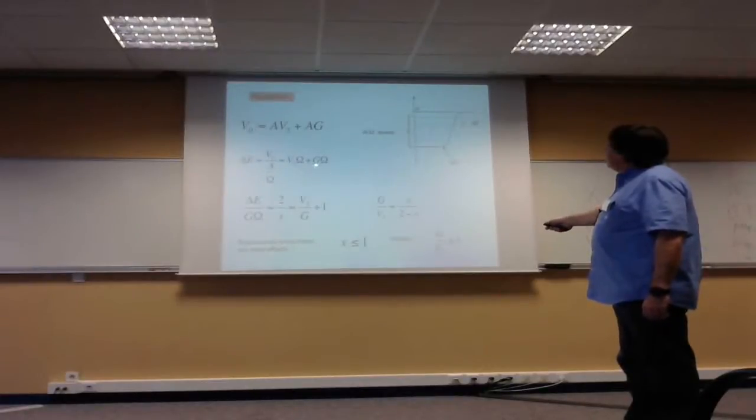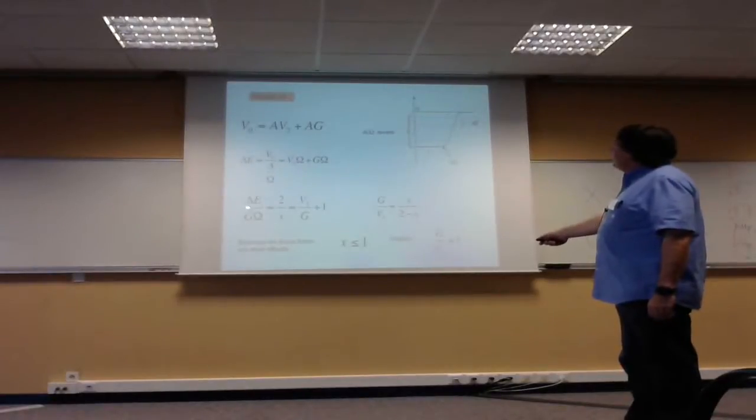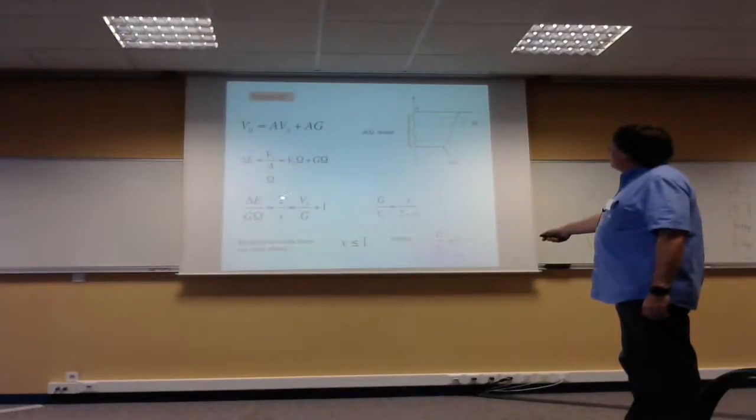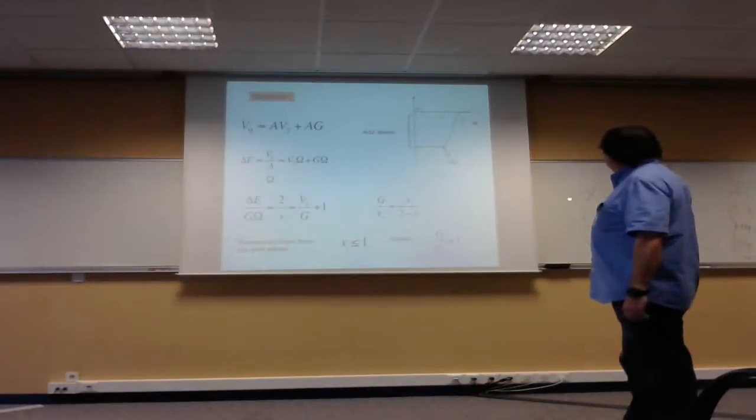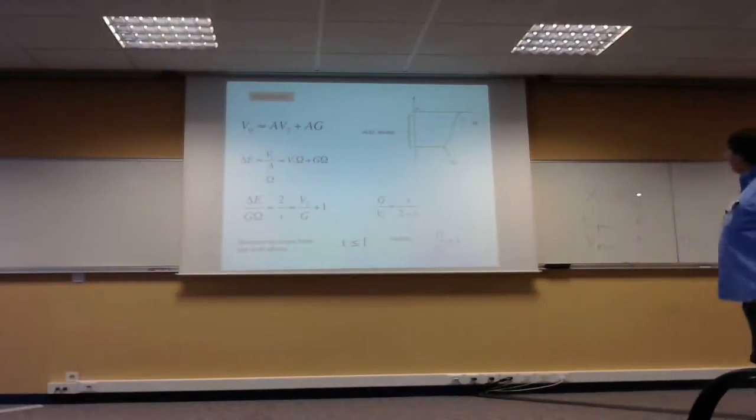This translates to that, and then the question is how this is compared to G omega. This is 2 divided by the parameter x, which Rick will use later, the so-called control parameter that drives the transition from pairing to normal system, and then it's easy to show that this ratio G over V2 is about that.